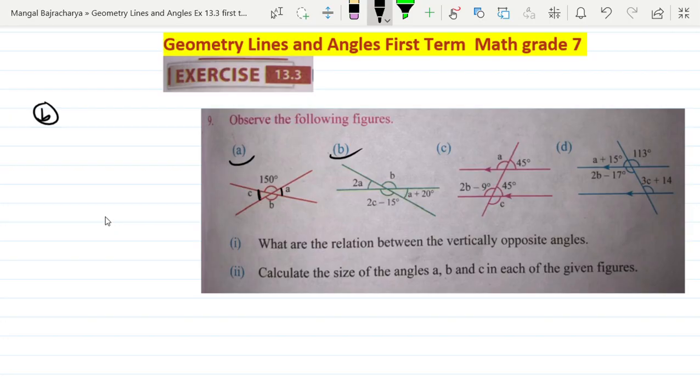Because 2A plus B equals 180, and you stop over there. So making that choice is not going to give any answer. And again, same if you take B and A plus 20. If you use it, that's also not going to get you any value for solving.